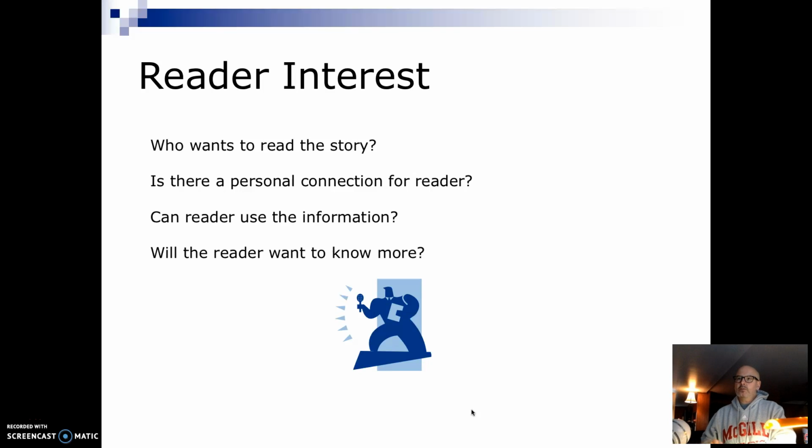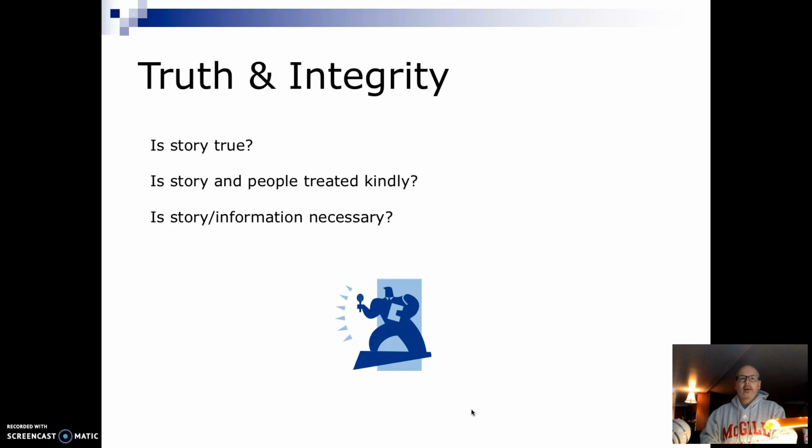If it's a human interest or some kind of feature article, it may lead to the reader continuing reading your column, or cause the reader to reach out to this person or this organization you've been featuring in order to get more information or become involved. So it's not a bad thing if the reader wants to know more, if you have a special type of story.